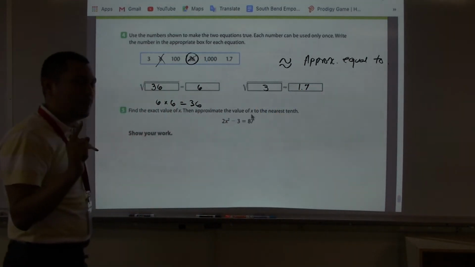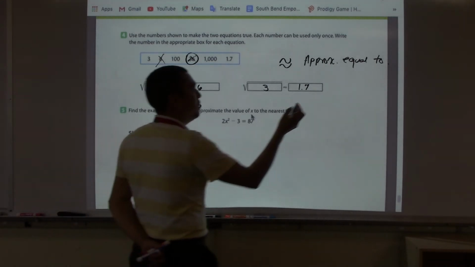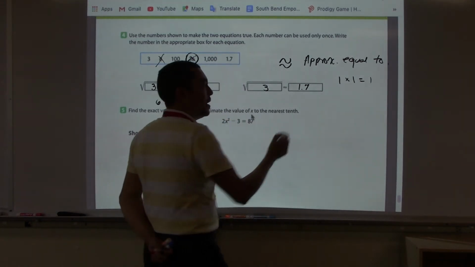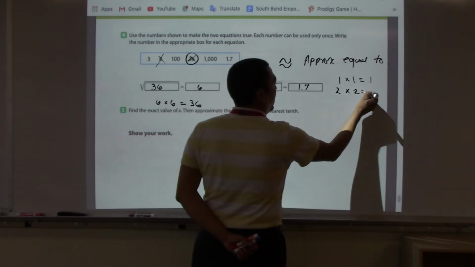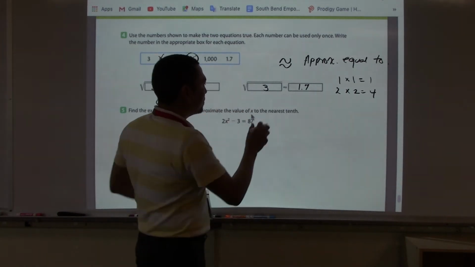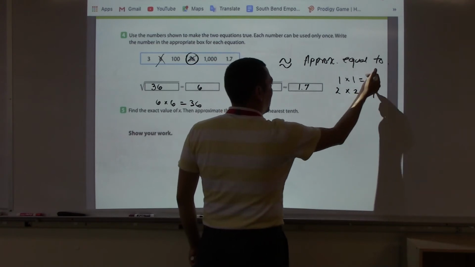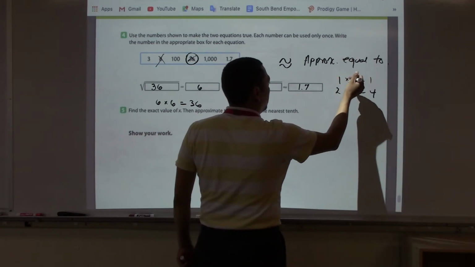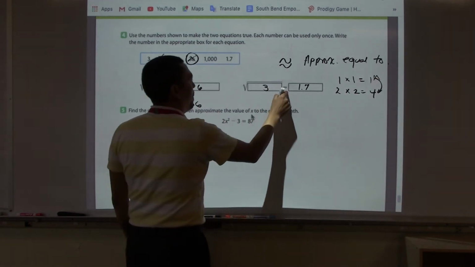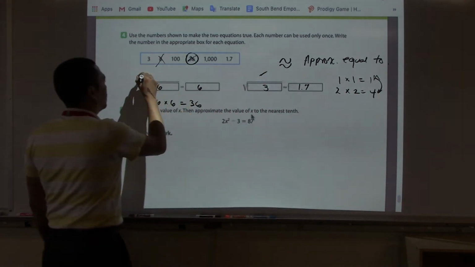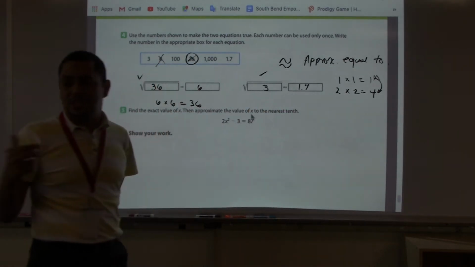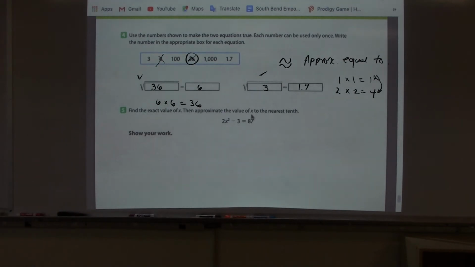I haven't proved it yet, so let me do it. 1 times 1 equals 1. 2 times 2 equals 4. So in this case, 1.7 is between those two values, and 3 is between 1 and 4. So this is the correct answer. If we multiply 1.7 times 1.7, we will get something close to 3.